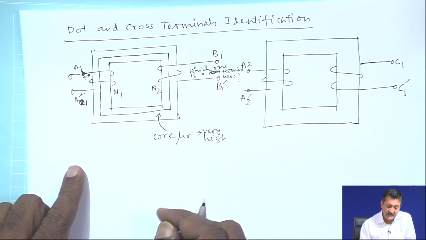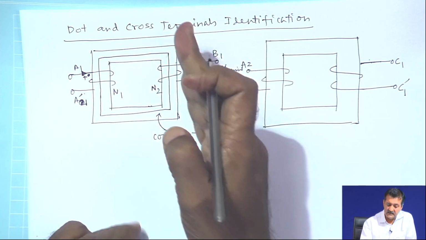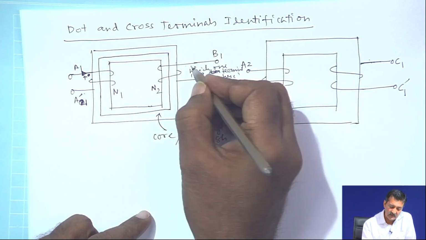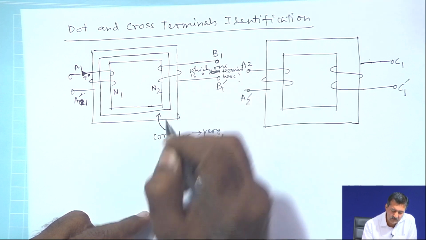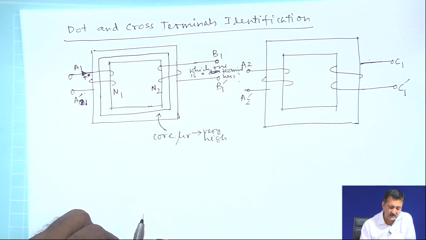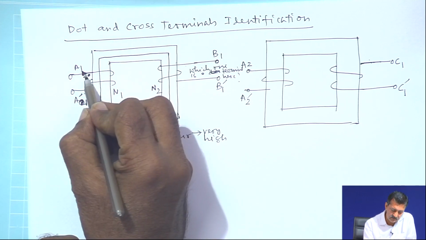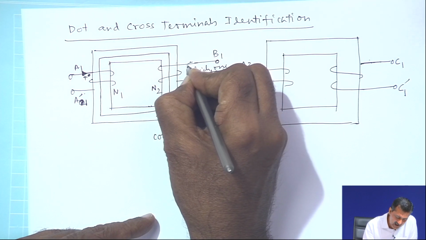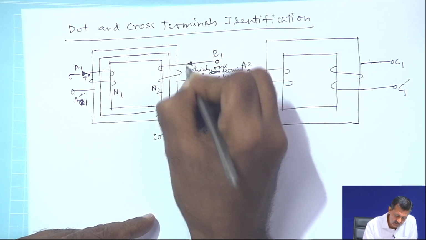Then in my mind, it does not require anything, I just think that I have to decide whether the B1 terminal is dot or not. Since it is in my mind, I simply think that there is also another current that is in through this terminal.